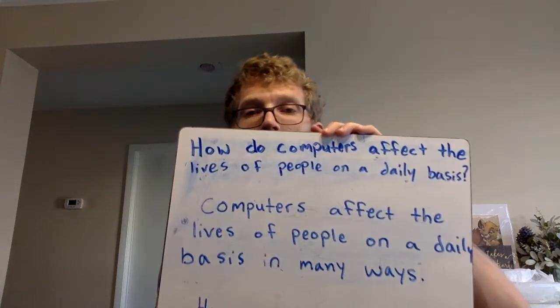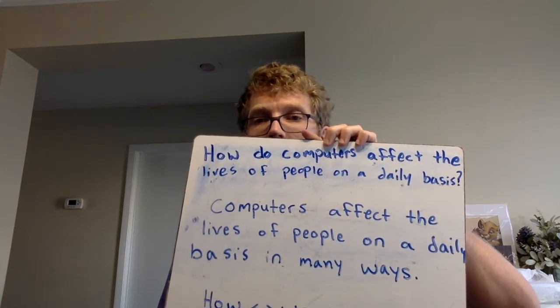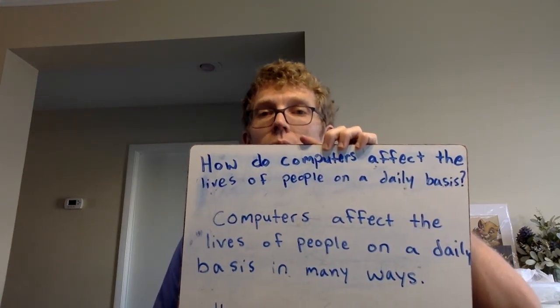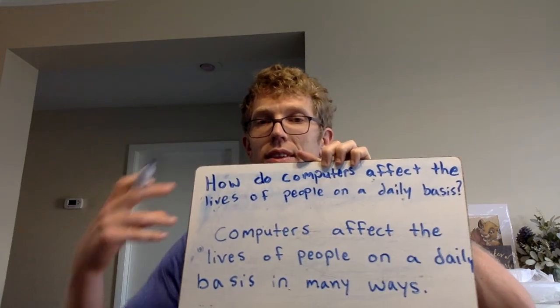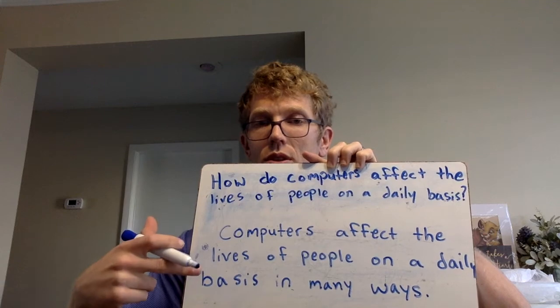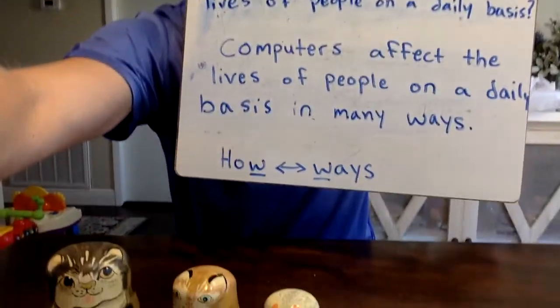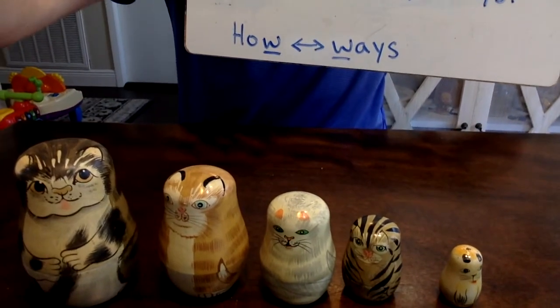Your CI is very important. It's right there. Computers affect the lives of people on a daily basis in many ways. Notice I got this from the question. So I recycled those words and used them down here, kind of like in my nesting doll. If you look down here, I've got my nesting dolls.